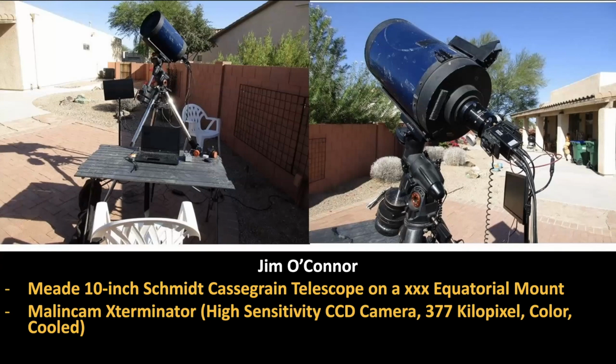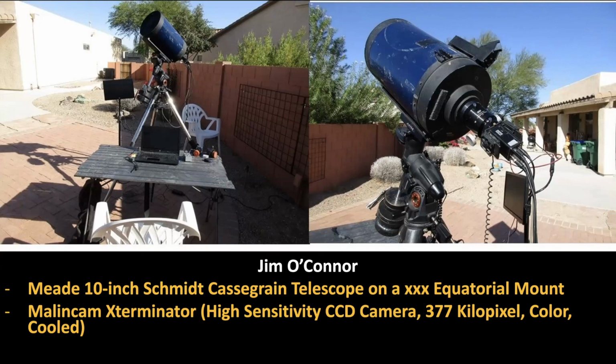The camera itself does a lot of the work of getting that image to you. It's a Mallincam Extreme. It's a very high sensitivity CCD camera. It's also got thermoelectric cooling, and it's a color camera.